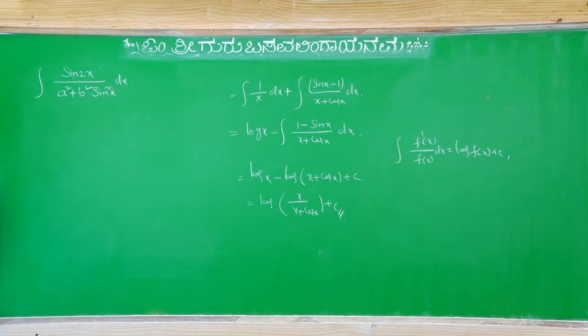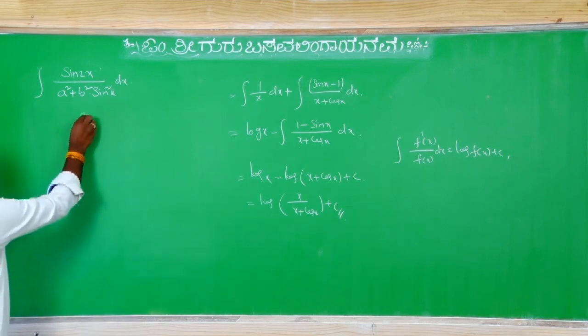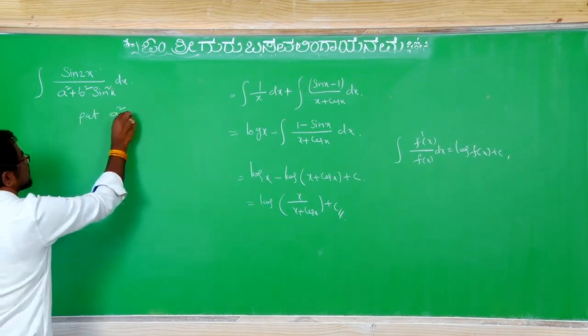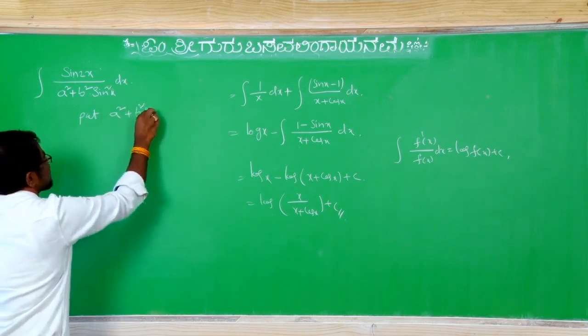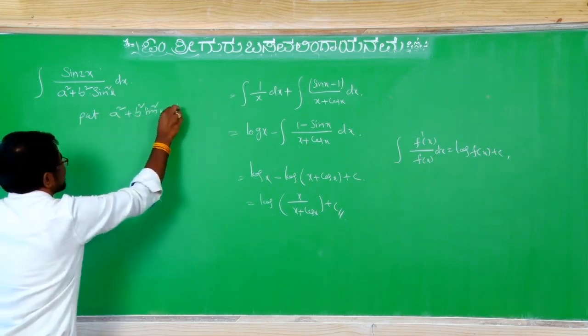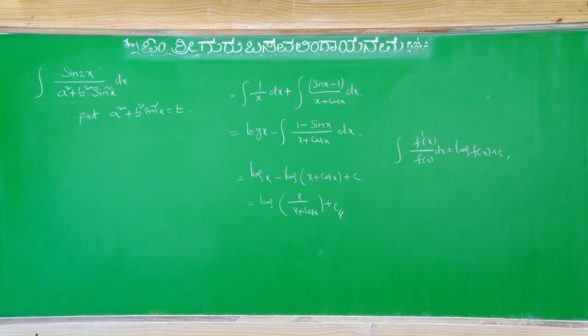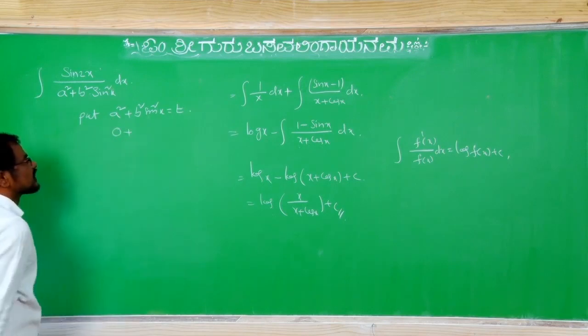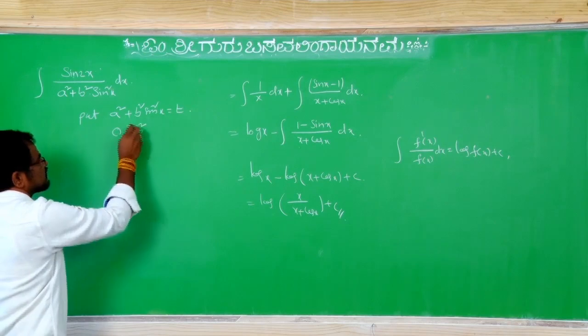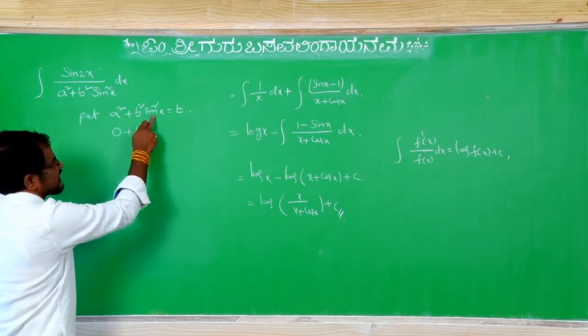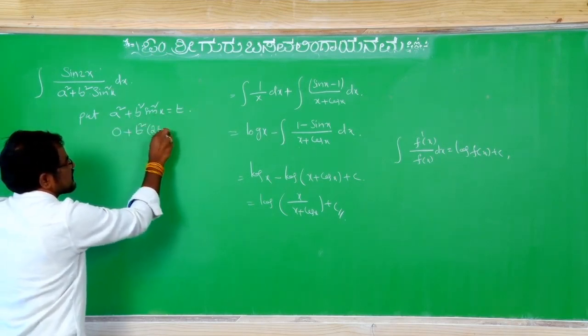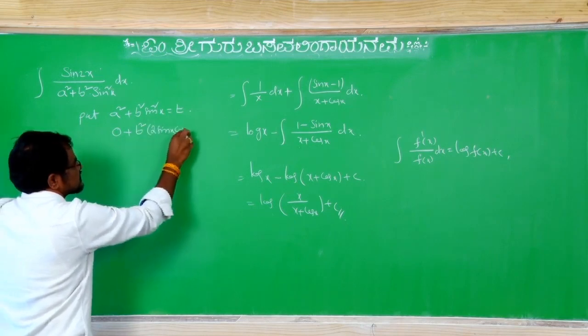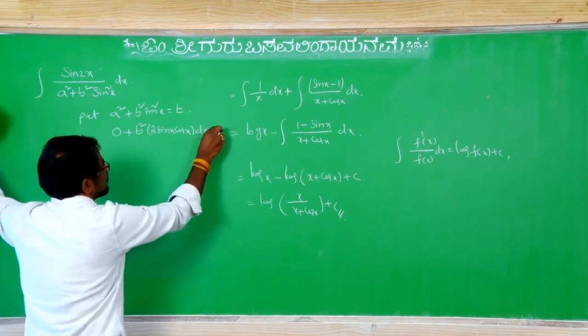What we have to do for this? Once you see this one, put a square plus b square sin square x equal to t, taking this total denominator as t. Differentiation of a square is constant, 0, differentiation of b square is constant, and differentiation of sin square x is 2 sin x, and again the differentiation of sin x is cos x, dx equal to dt.